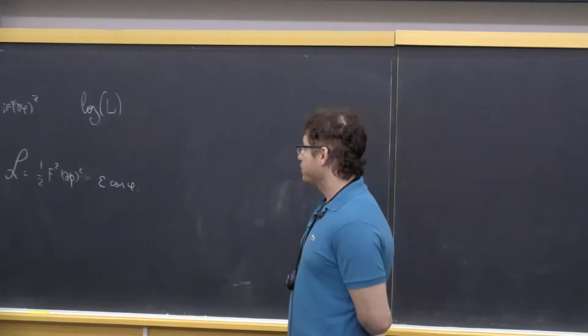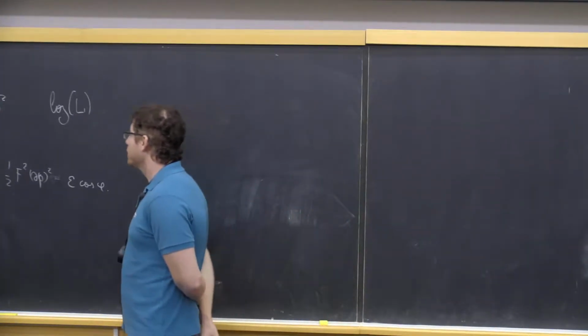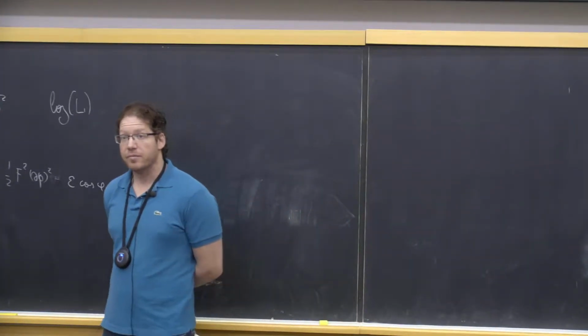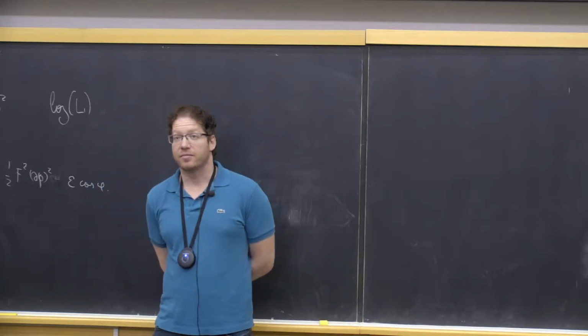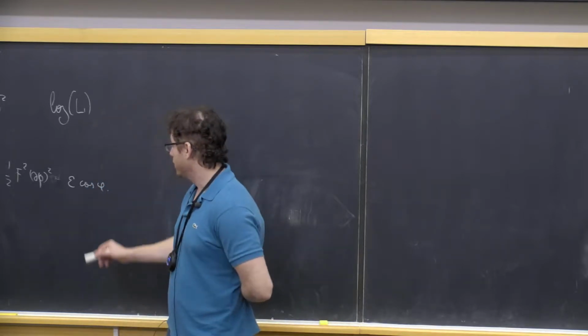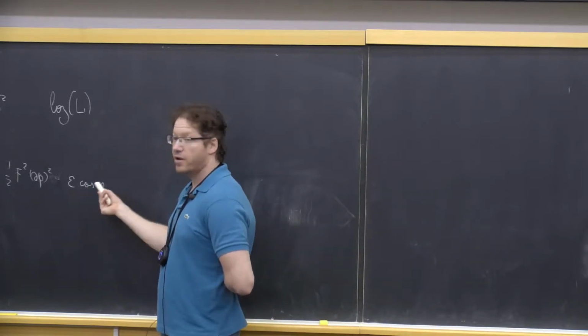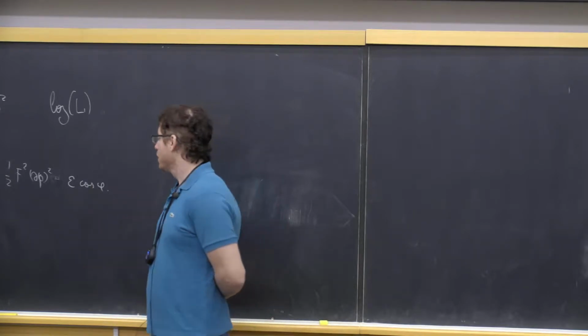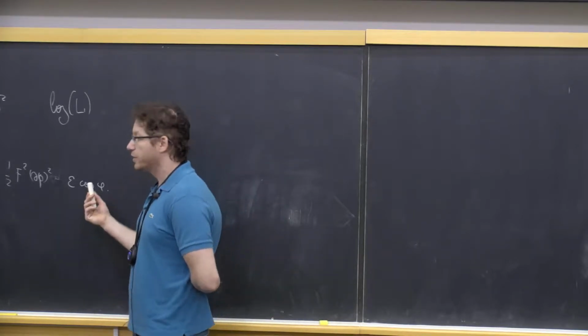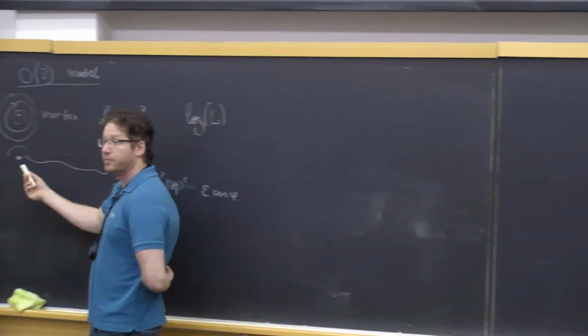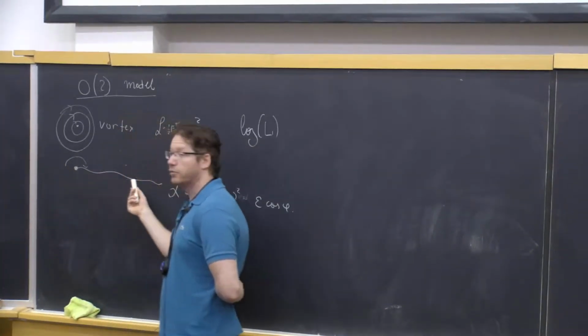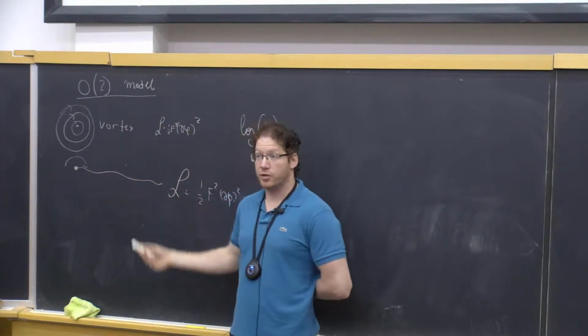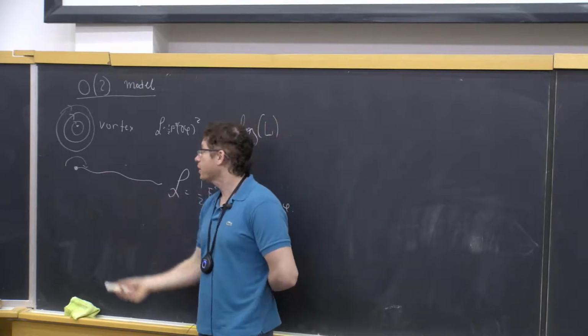And then we discussed what happens to the system when we perturb by a magnetic field in some direction, or we just break the O(2) symmetry by a cosine potential. If we do that, we argued that the core of the vortex is then connected to a long string-like object, or a flux tube-like object.